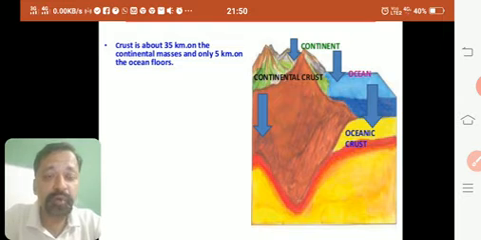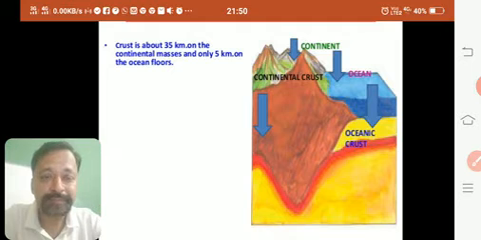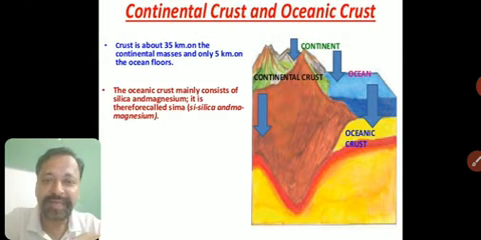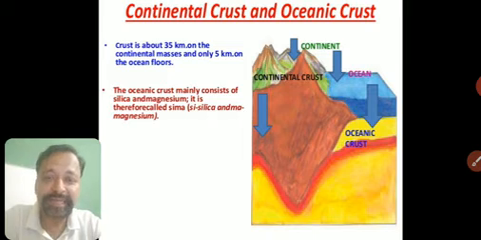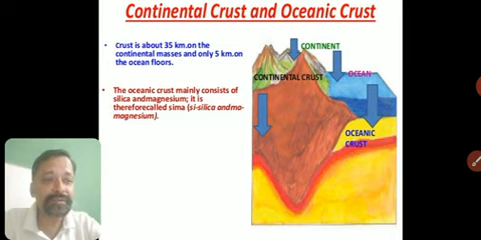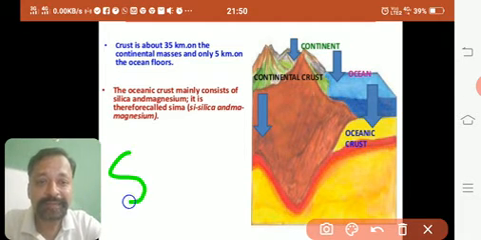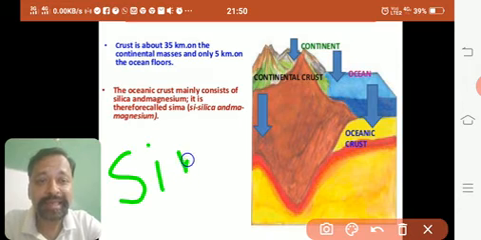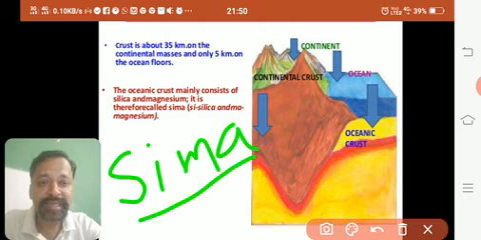Now when we talk about oceanic crust, we call it SIMA. Why? We'll see this. The oceanic crust mainly consists of silica, that is silicon, and magnesium. Now take the first two letters of these two, silica and magnesium. It becomes SIMA.